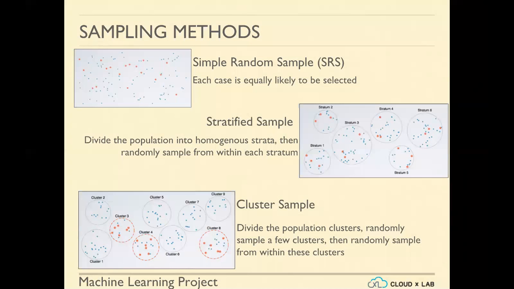So instead of just randomly picking, say, 50 out of 1,000 students, we pick some percentage from all the strata, some percentage from the women, some percentage from the men. So that is stratified sampling.